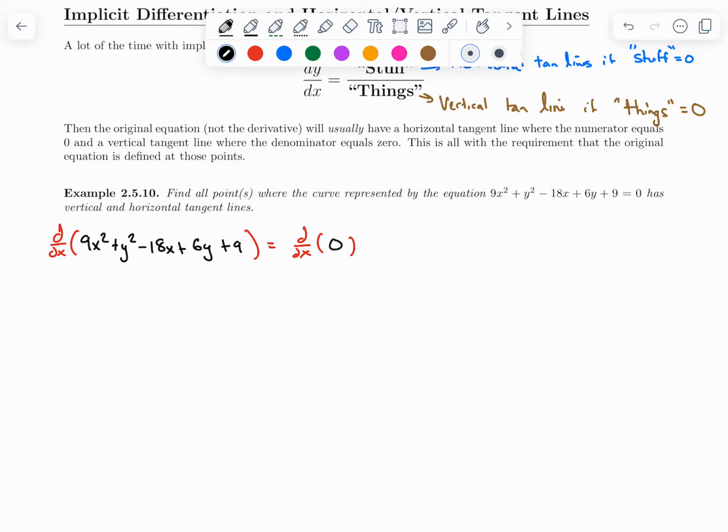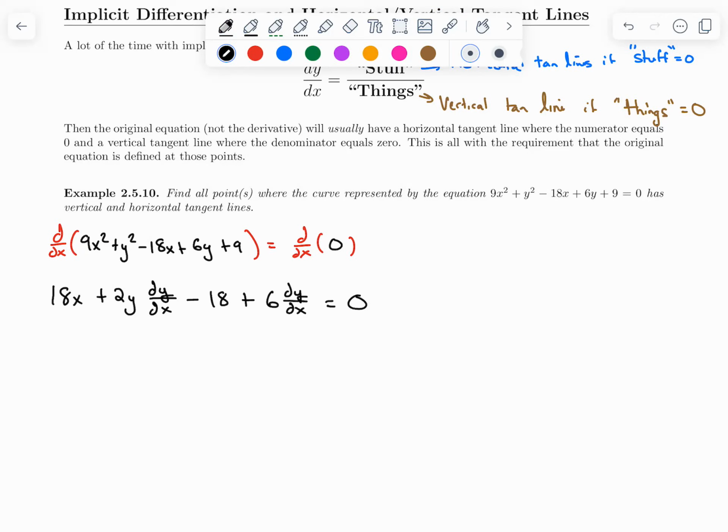We're taking the derivative with respect to x. So the derivative of 9x squared would be 18x. The derivative of y squared would be 2y dy dx. Derivative of 18x would be 18. Derivative of 6y would be 6 dy dx equals 0, because the derivative of 9 and the derivative of 0 are both 0.